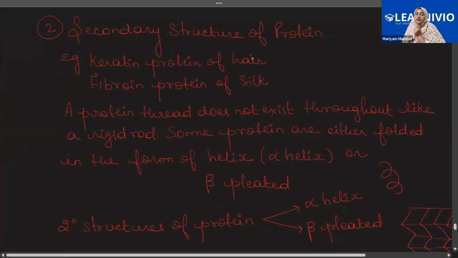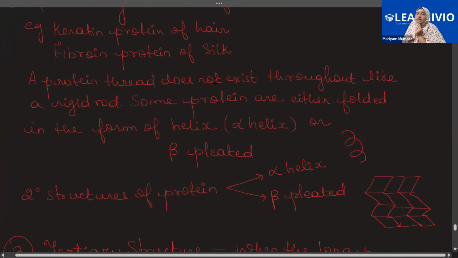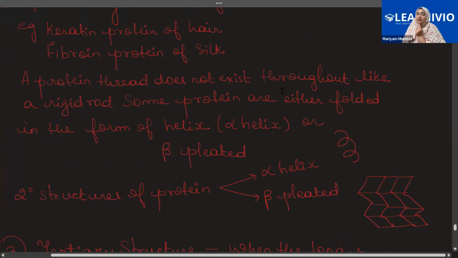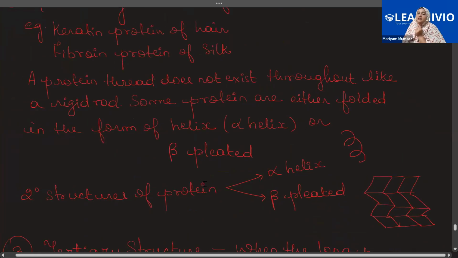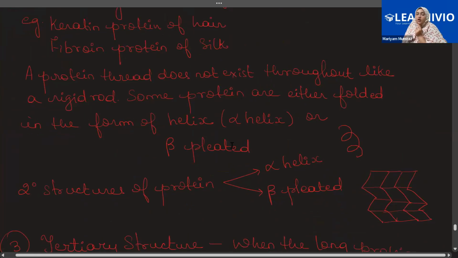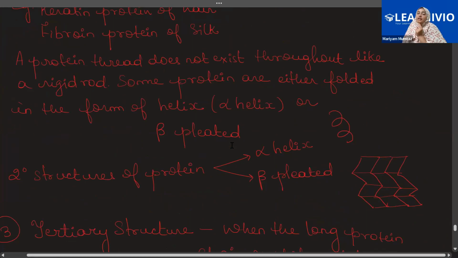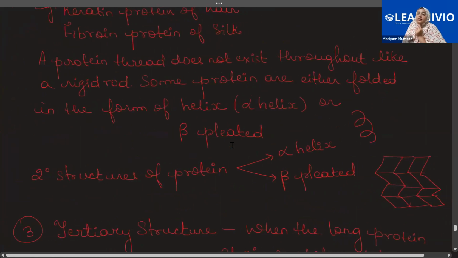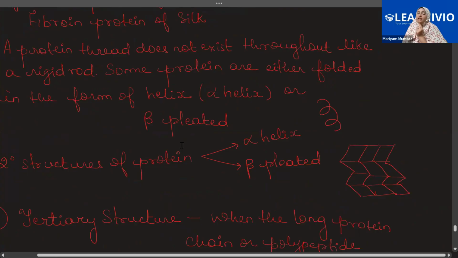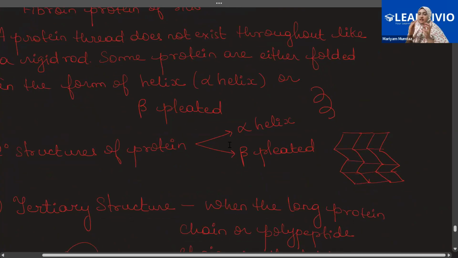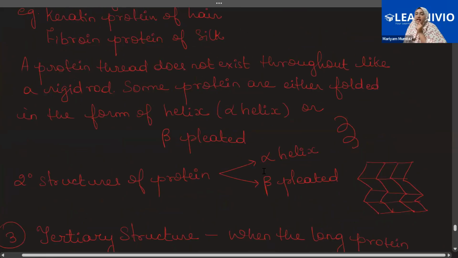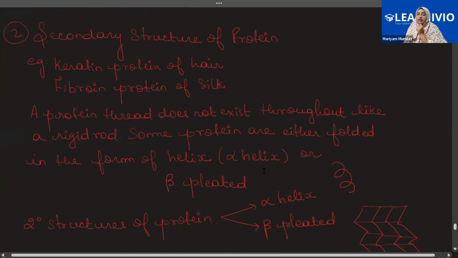A protein thread does not exist throughout like a rigid rod. Sometimes it gets folded in the form of a helix or it gets pleated. When it gets folded, we'll call it alpha helix. And when it gets pleated, meaning it's present in a plate-like structure, we'll call it beta pleated. So these two forms are the secondary structure forms of protein.